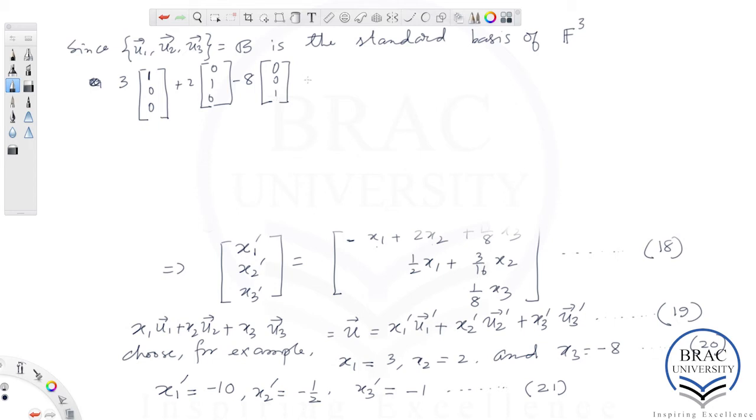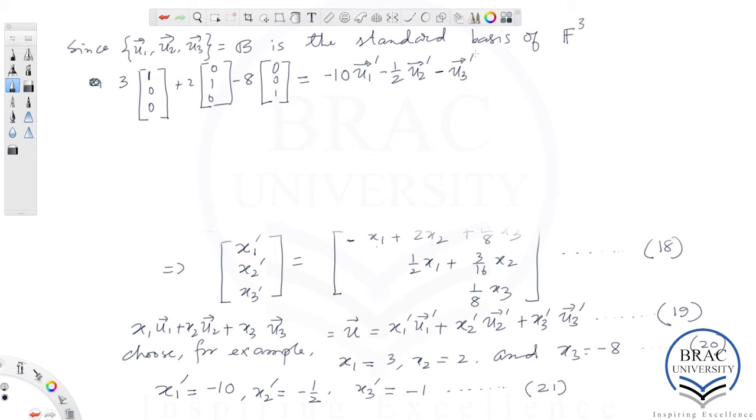And this guy is equal to, what is x1 prime? x1 prime is minus 10 times u1 prime, then plug in x2 prime to be negative 1/2, and this gives us negative 1/2 u2 prime, and then we have minus 1 times u3 prime.